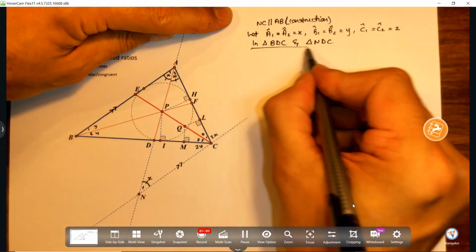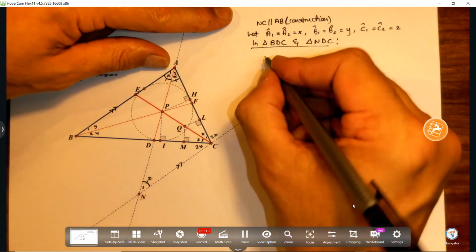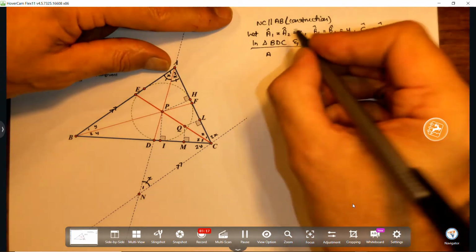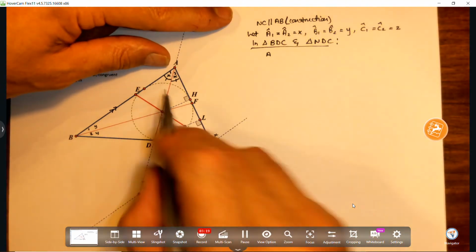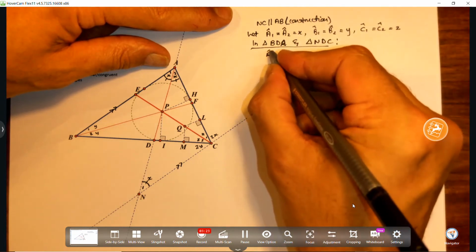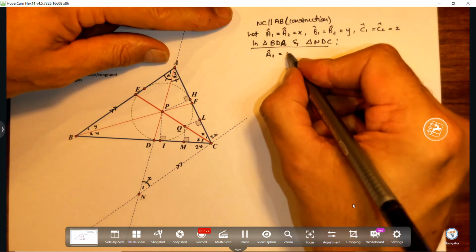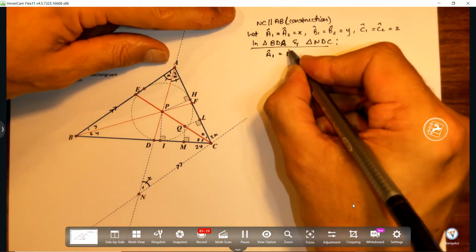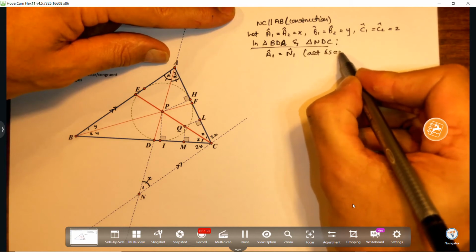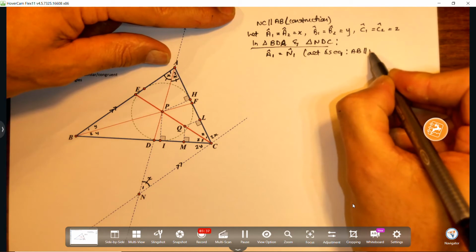Angle A1, which belongs to angle BDA, not BDC, BDA, is equal to angle N down here in the other triangle. They are alternate angles that are equal, and the lines that are parallel are AB parallel to NC.